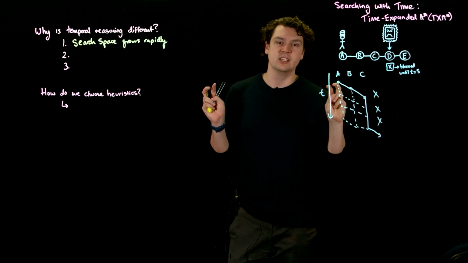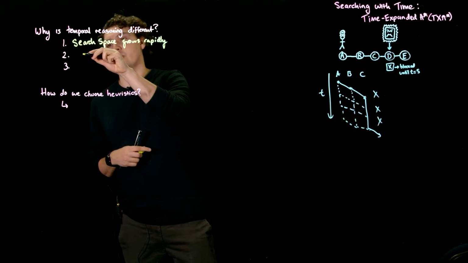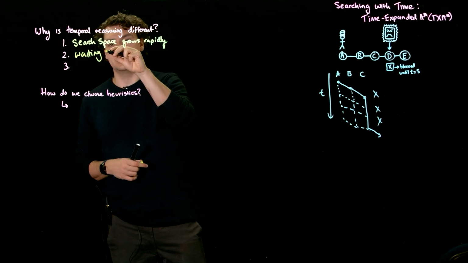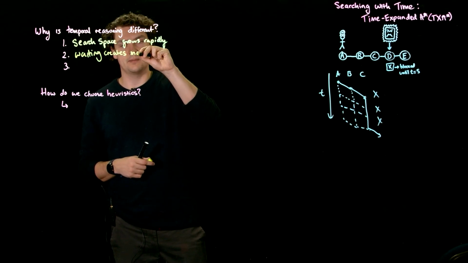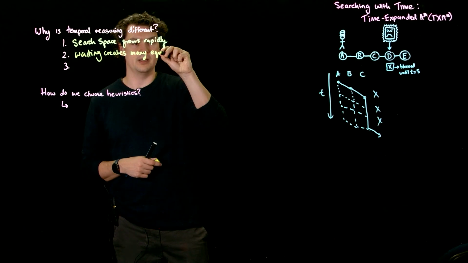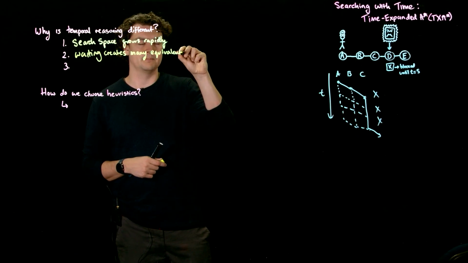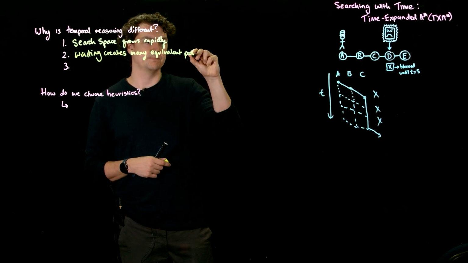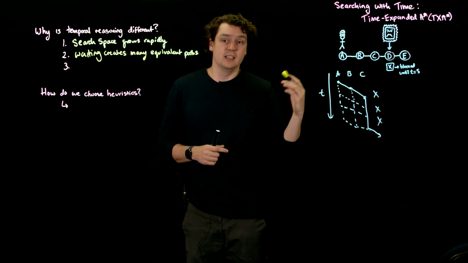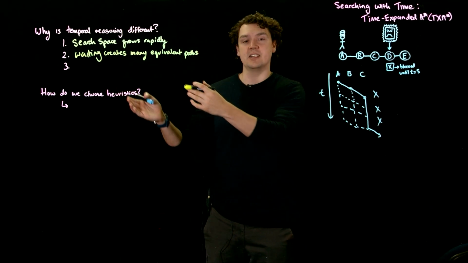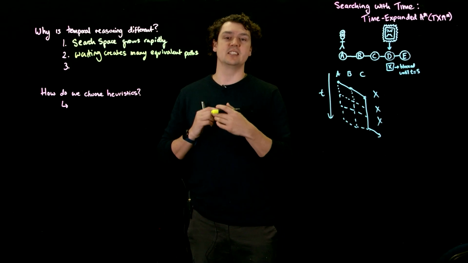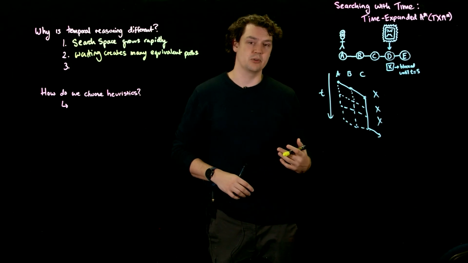You're in the same solution set. So waiting creates many equivalent paths. That's going to be an issue. It's again increasing the difficulty of actually searching and reaching things appropriately.